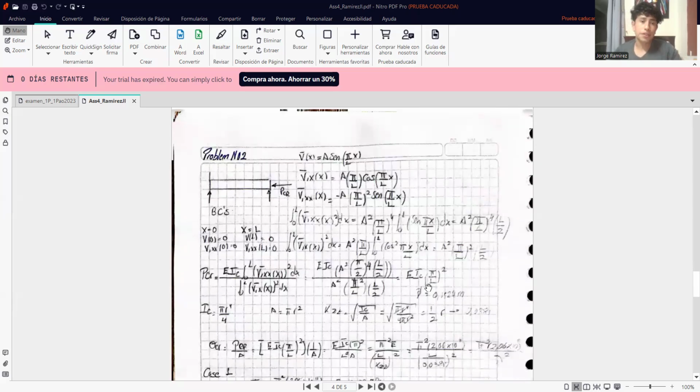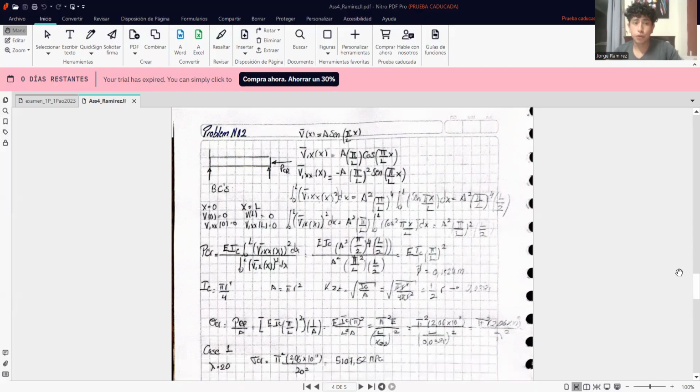Now, exercise number 2. In this case, we need to analyze another beam. The boundary condition for this one is for a simply supported beam.